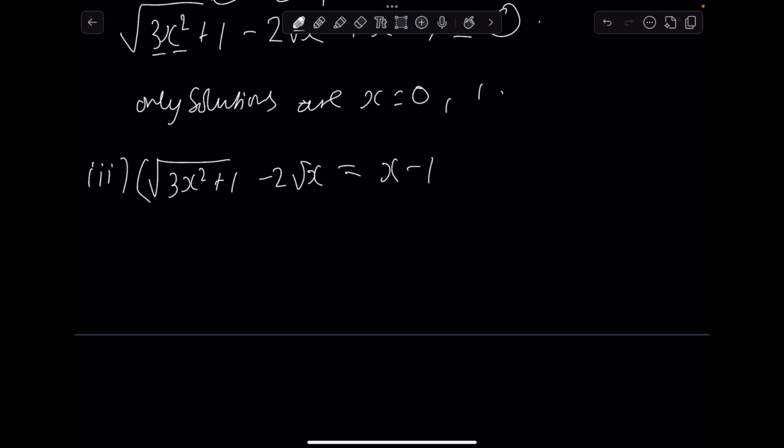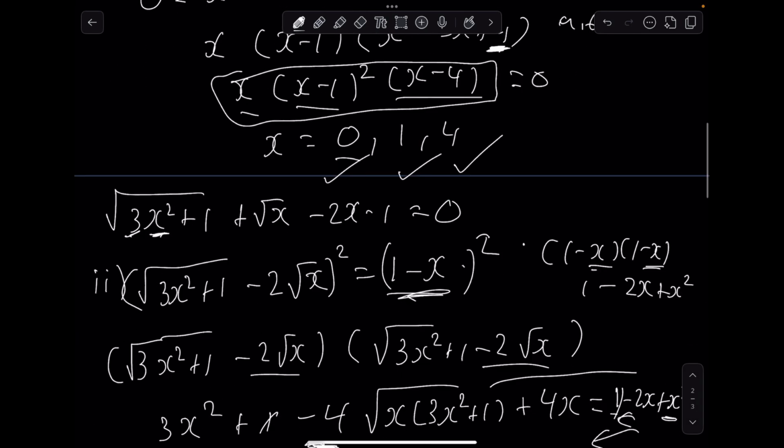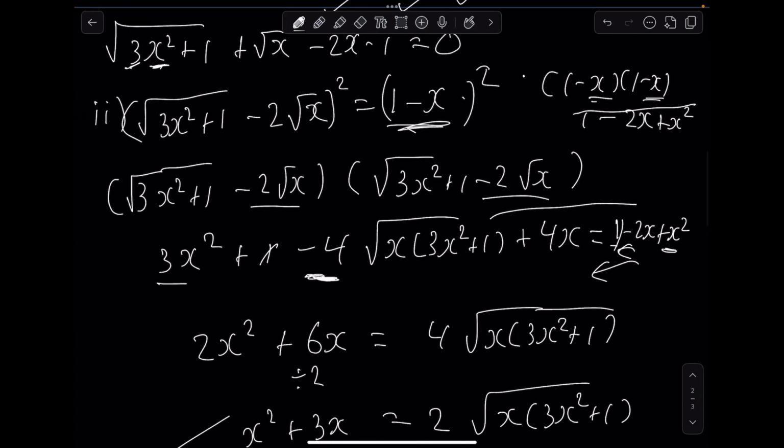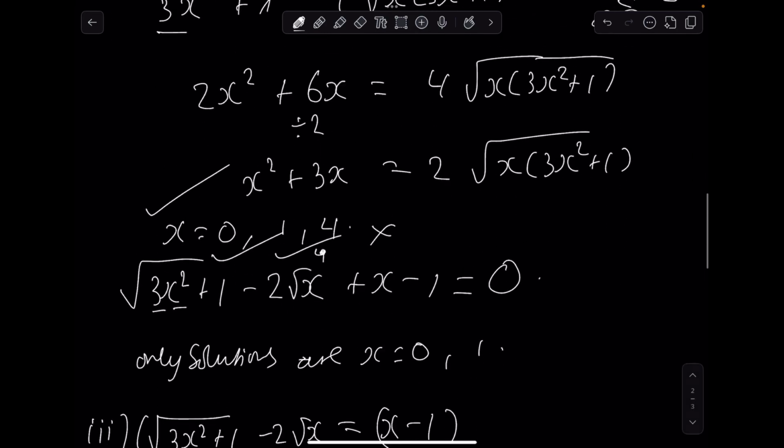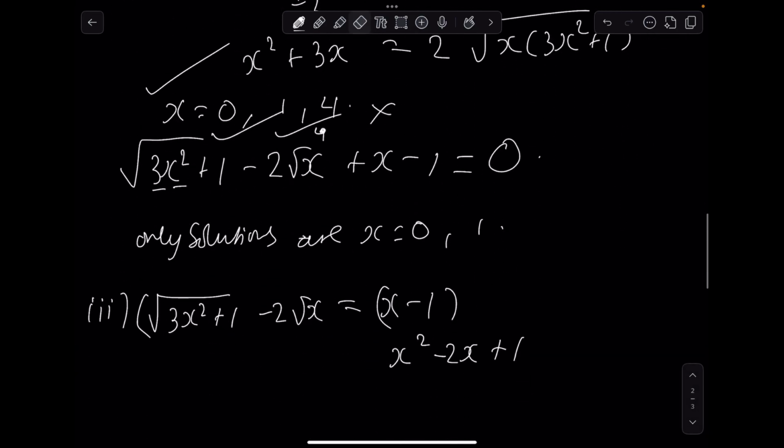But if you think about it, when you square both sides, we already worked this out, right? And then you square this side. But when you square that side, you get x squared minus 2x plus 1, which is exactly the same thing that you got here. So actually, this equation is literally the same as part II.